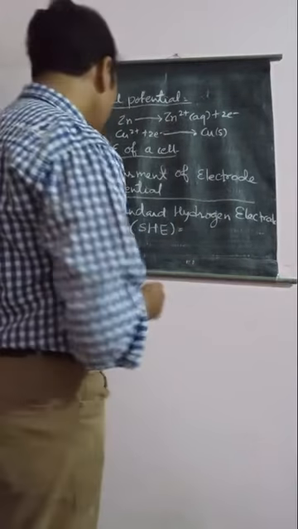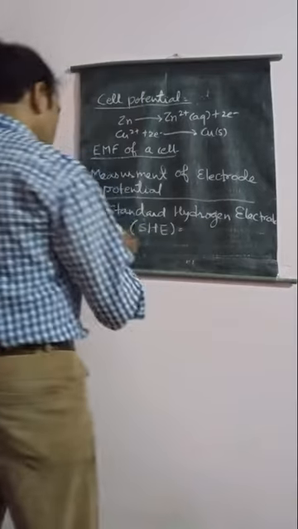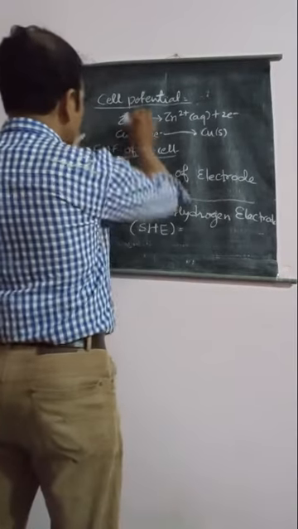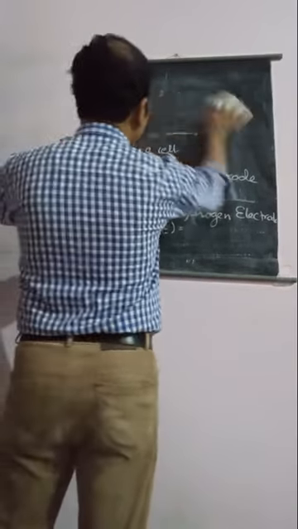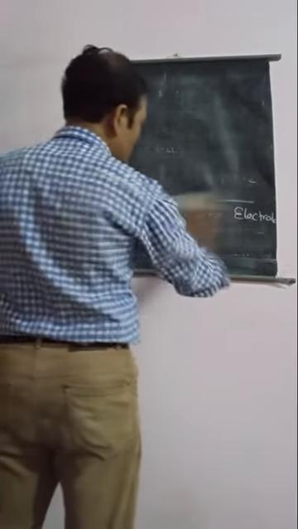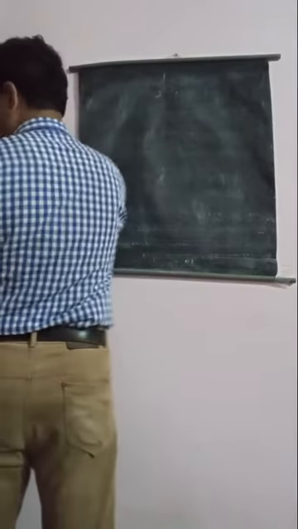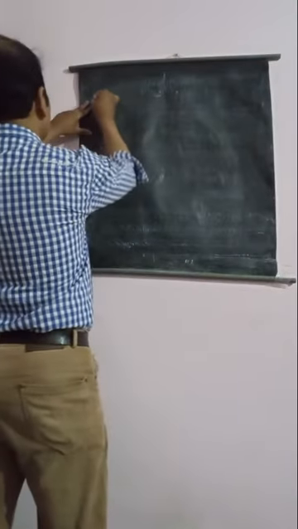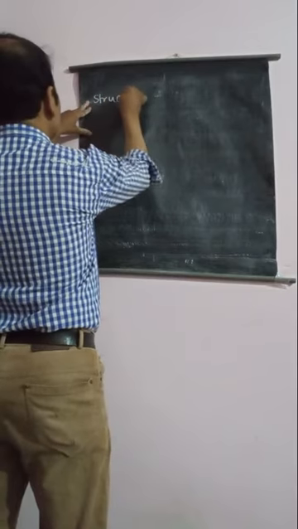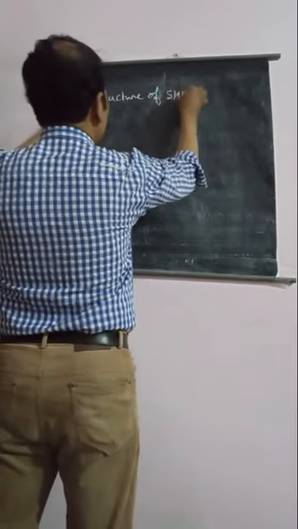First of all, we will see how the oxidation and reduction reactions take place by using its structure. So we are now looking at the structure of the SHE, the standard hydrogen electrode.